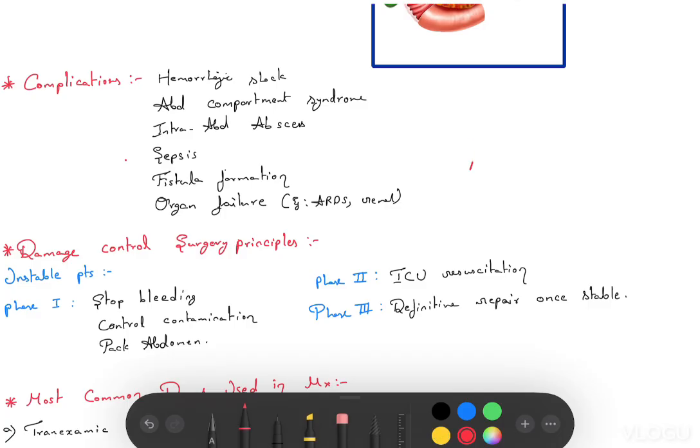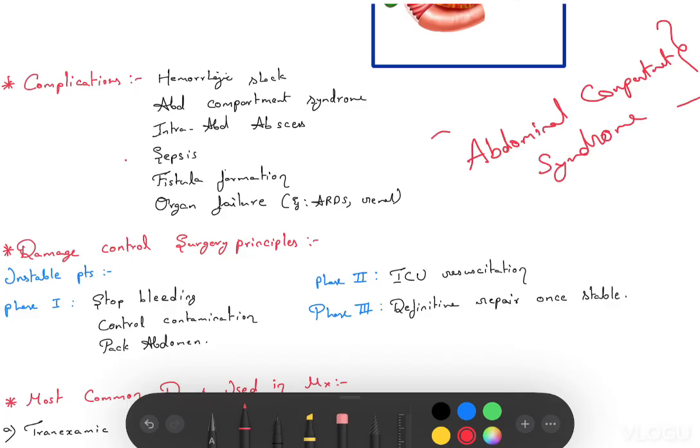Abdominal compartment syndrome is very important, we will discuss it later.